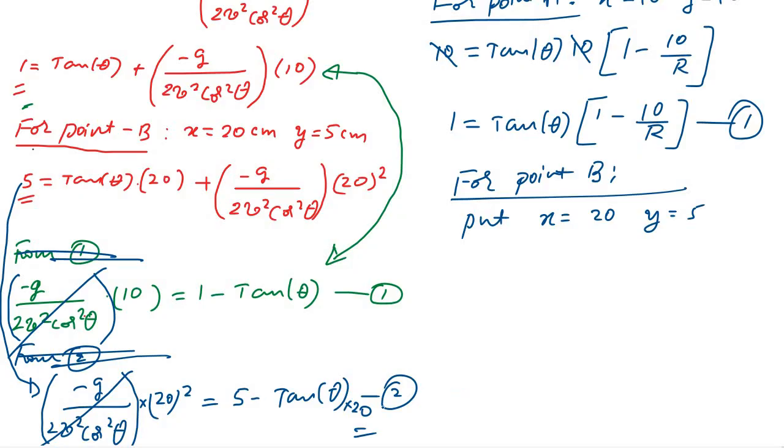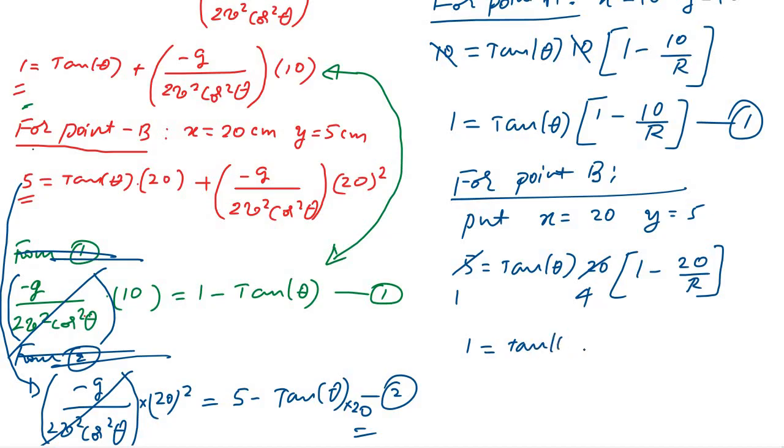So in the second equation, we get 5 equals tan theta times 20, and in the bracket it is 1 minus 20 divided by r. You can solve this further. 5 ones are 5 and 5 fours are 20. So further I get 1 equals tan theta multiplied by 4, and in the bracket it is 1 minus 20 divided by r. This is my second equation.